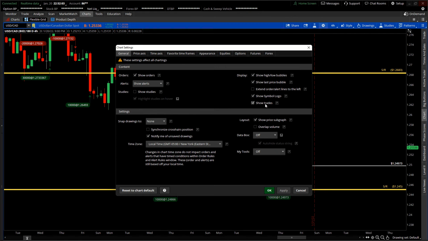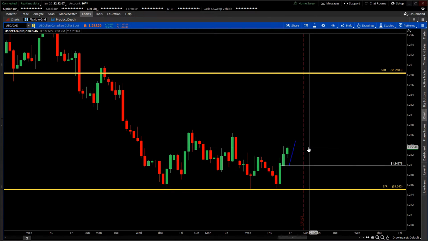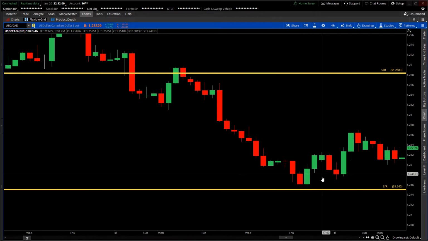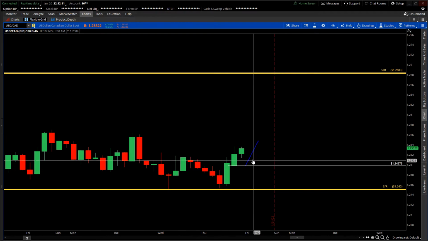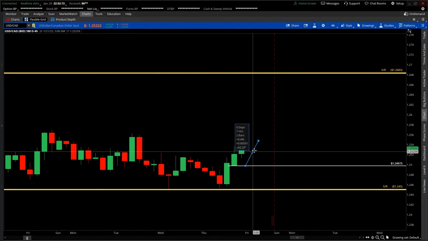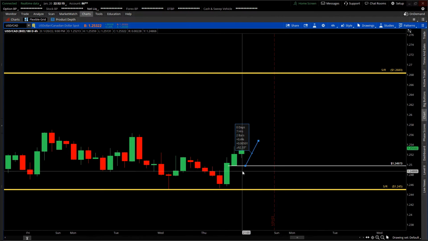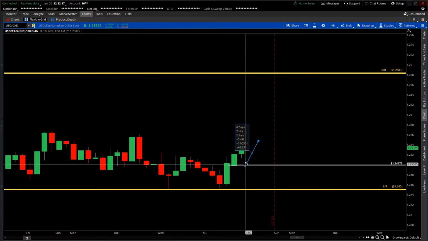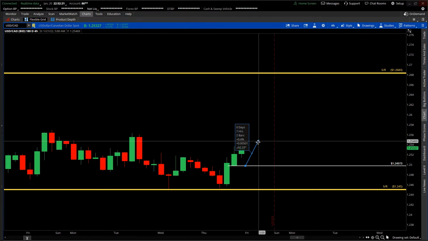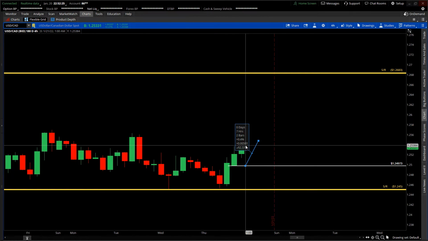And what I've drawn up here, this blue line, just represents a measuring tool. I have one end pinned to my entry price, and where this ends right here, it's literally at 50 pips.